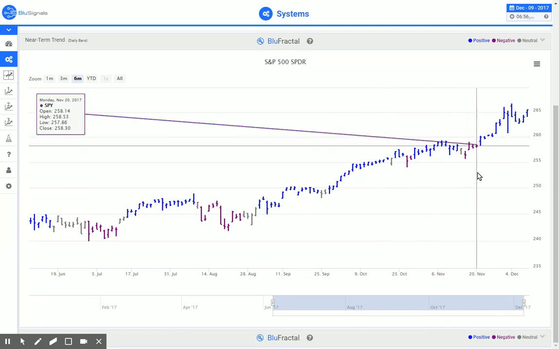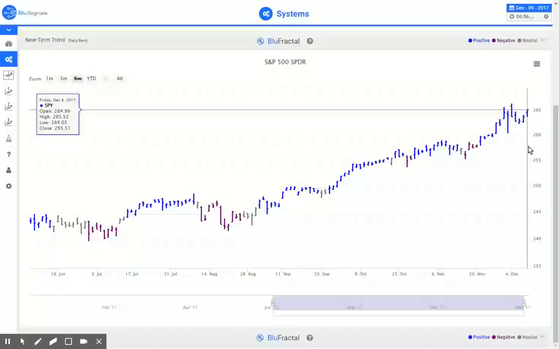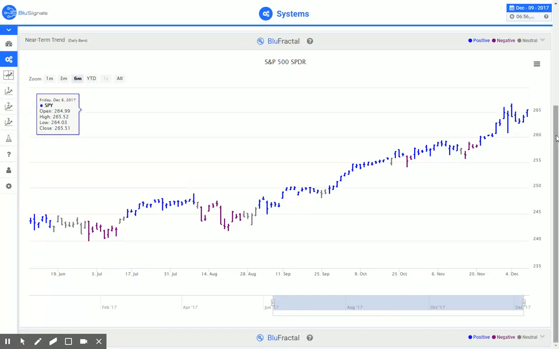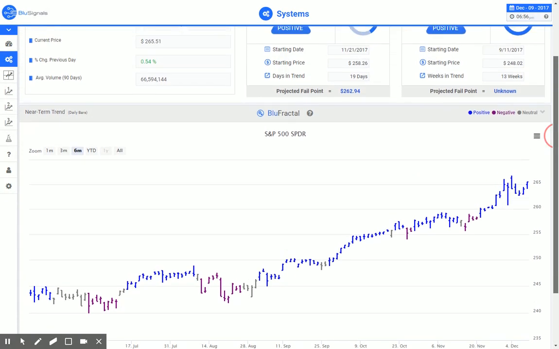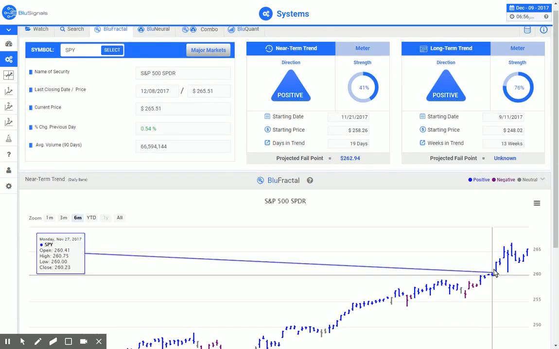Looking at this most recent breakout, we have the trend transitioning from negative to positive. And of course, we're still currently in that positive trend. Now, these charts update and populate in real time during the market session.